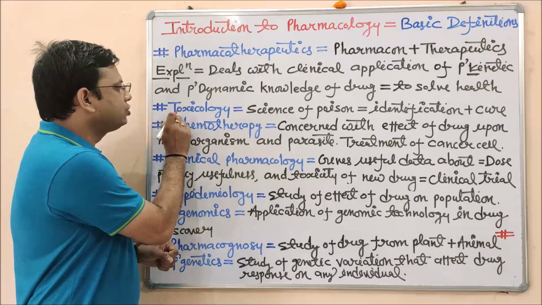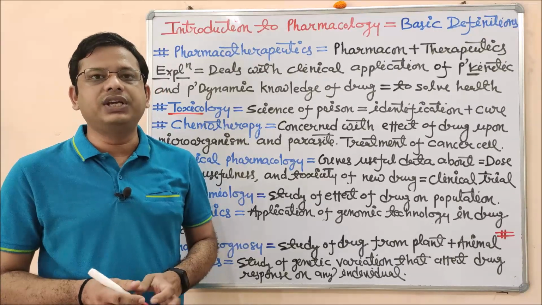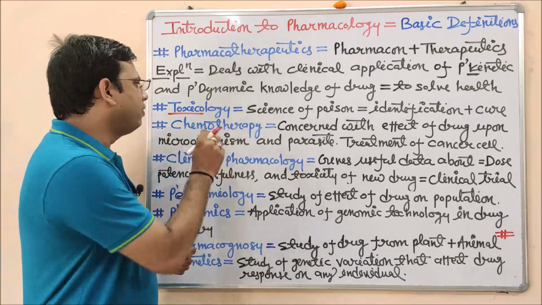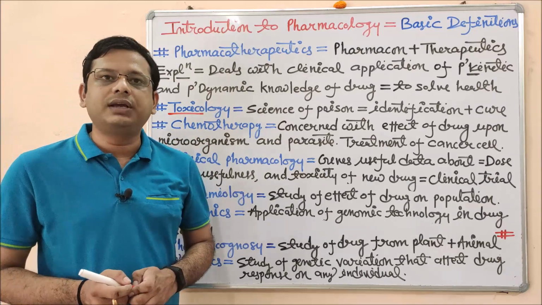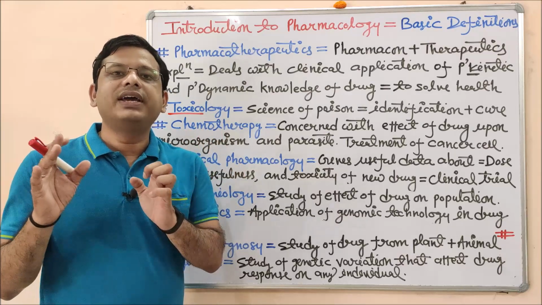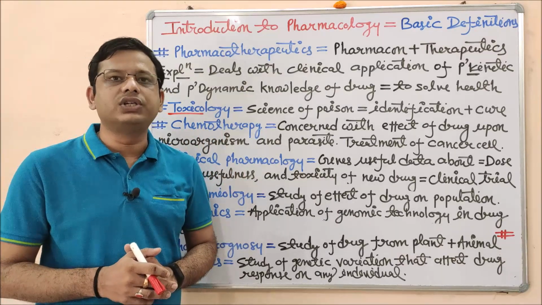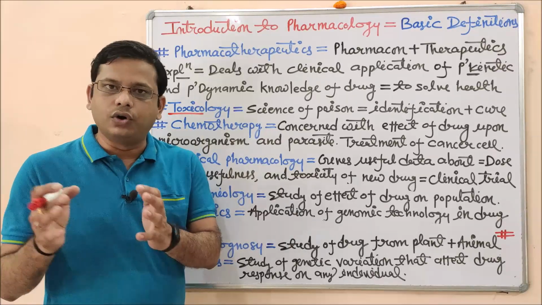Our next word is toxicology. As I have discussed in our main channel Solution Pharmacy, toxicology is made up of two words, toxic and logy. Logy means to study, and toxic means any drug or agent which is very harmful for the normal physiological and pharmacological action of our body, and is considered a toxin or poison.